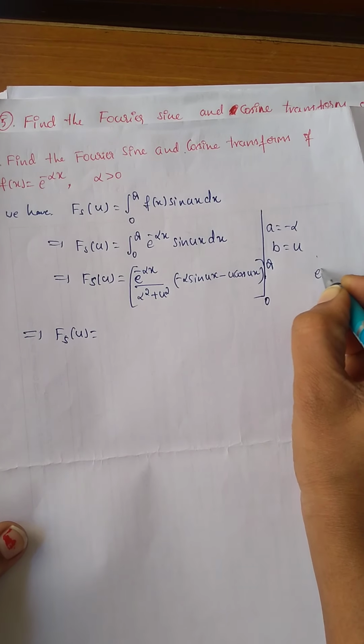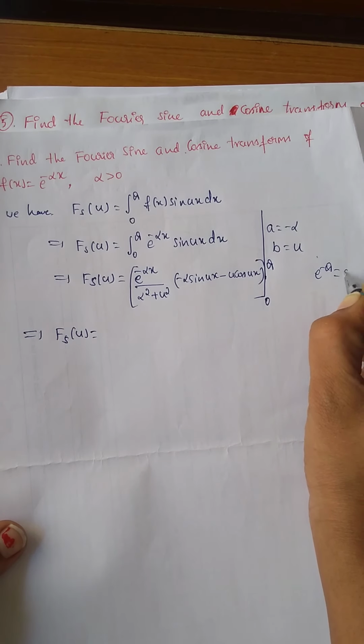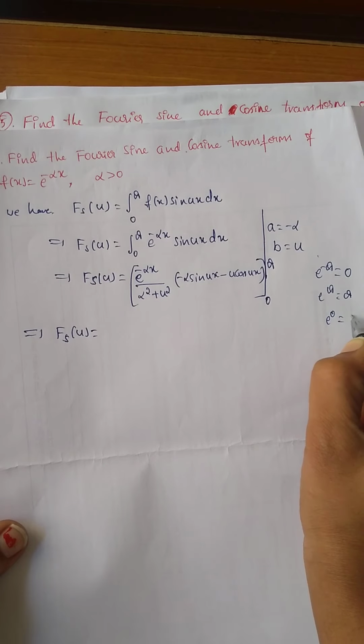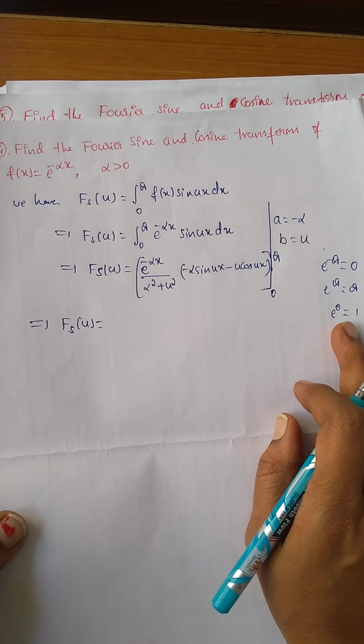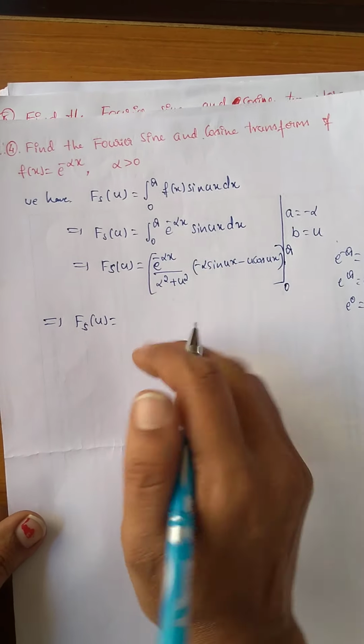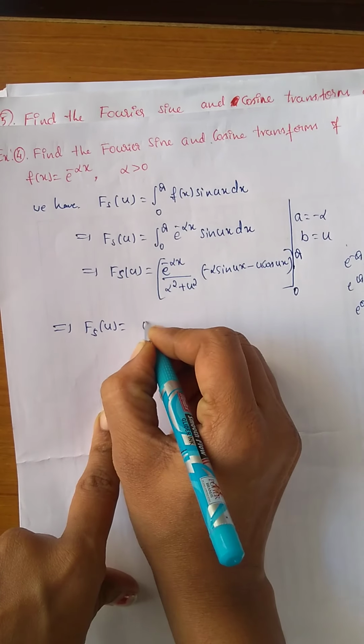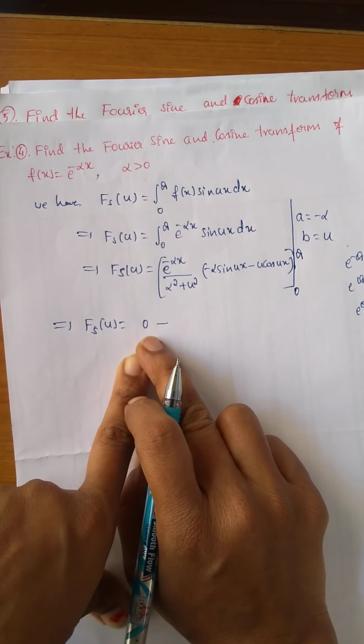We know that e to the power of minus infinity is 0, e to the power of plus infinity is infinity, and e to the power of 0 is 1. These are all basic terms. So e to the power of minus infinity is 0, and 0 into the entire term is 0. Therefore the upper limit gives 0.